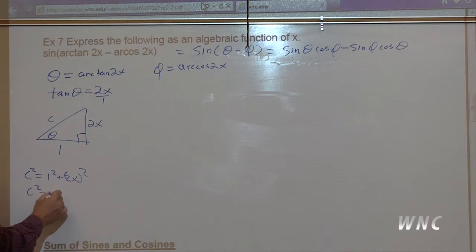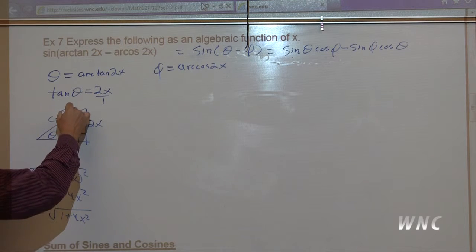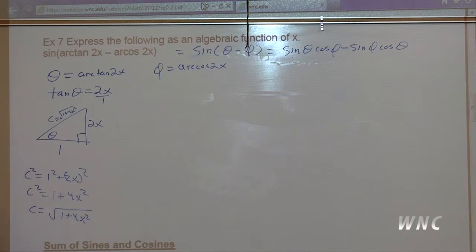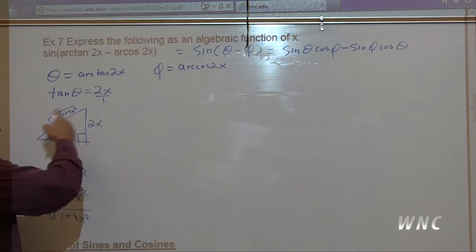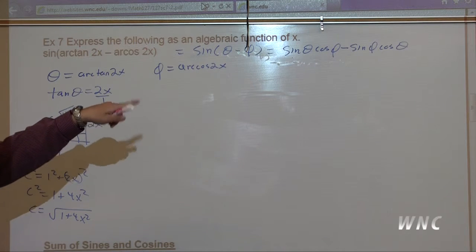So c squared is 1 plus 4x squared. So c equals the square root of 1 plus 4x squared. That's our hypotenuse. Now we can use that when we try to find sine theta, cosine phi, sine phi, and cosine theta.